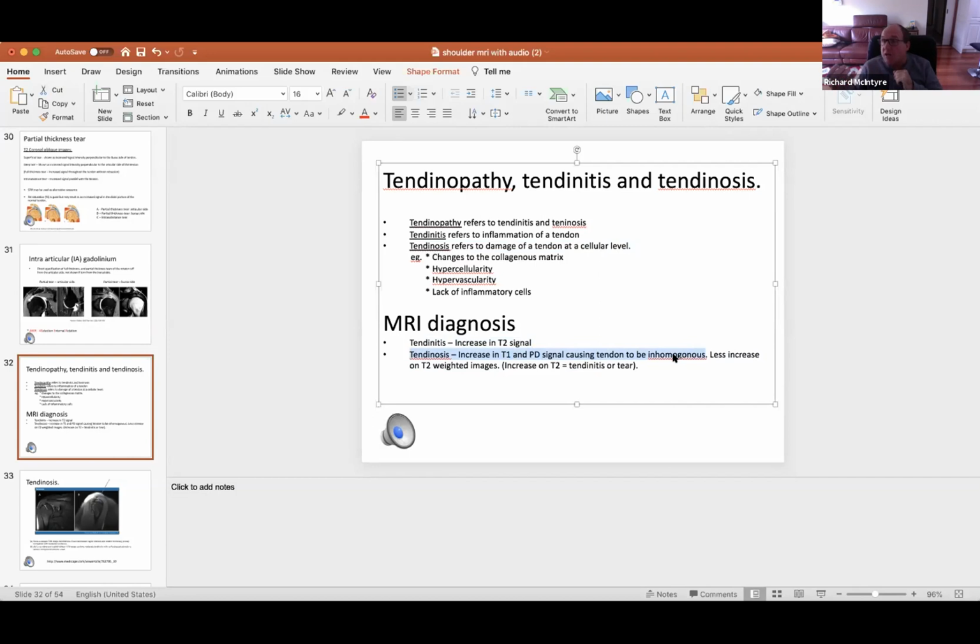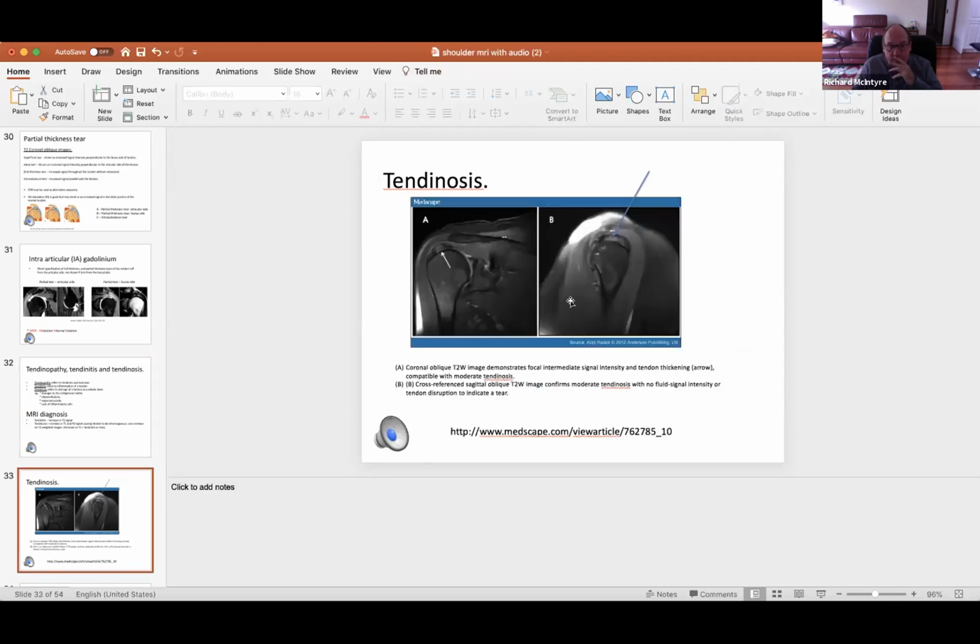It's got hydrogen in it because of blood, because of the increased cells and reaction. So we're going to have less increase on T2 weighted images because there's not a lot of water there, but we're going to have greater increase on T1 and proton density weighted images.